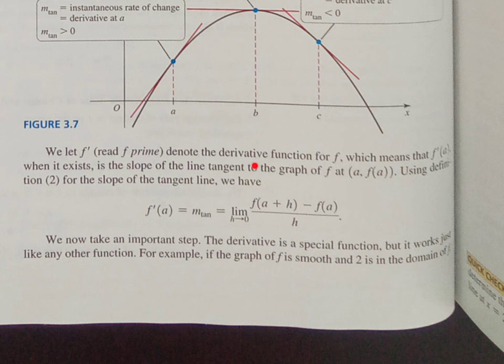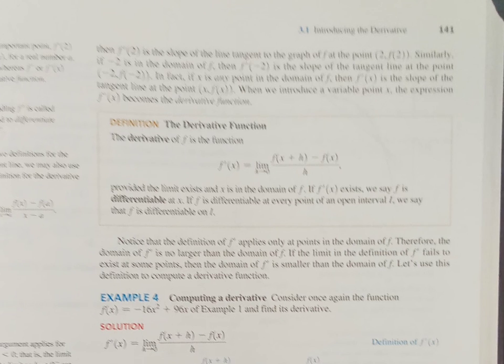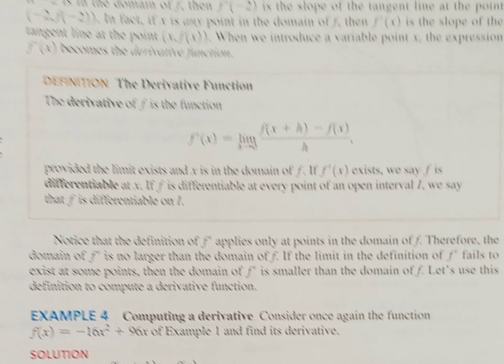Fair enough? But if we're not doing it at a specific point, if we're just doing it for all x, we're using the same stuff, except notice that there's nowhere where we're plugging in that one point. Then we're actually going to create the derivative function itself.